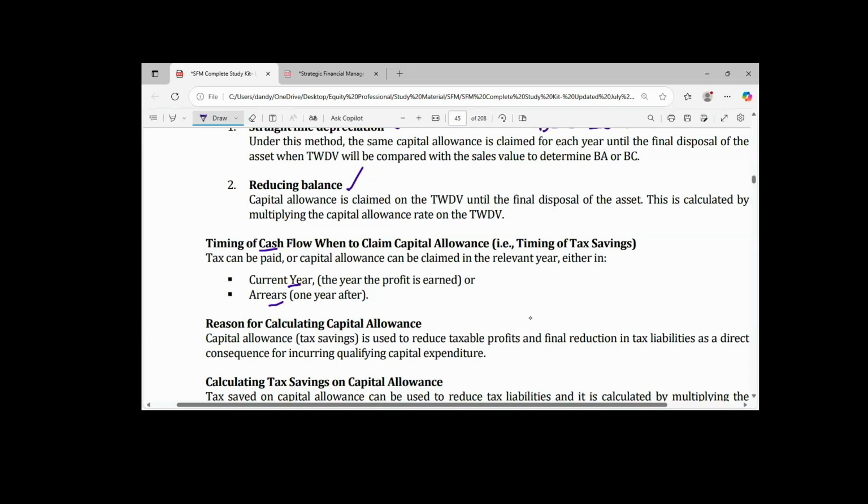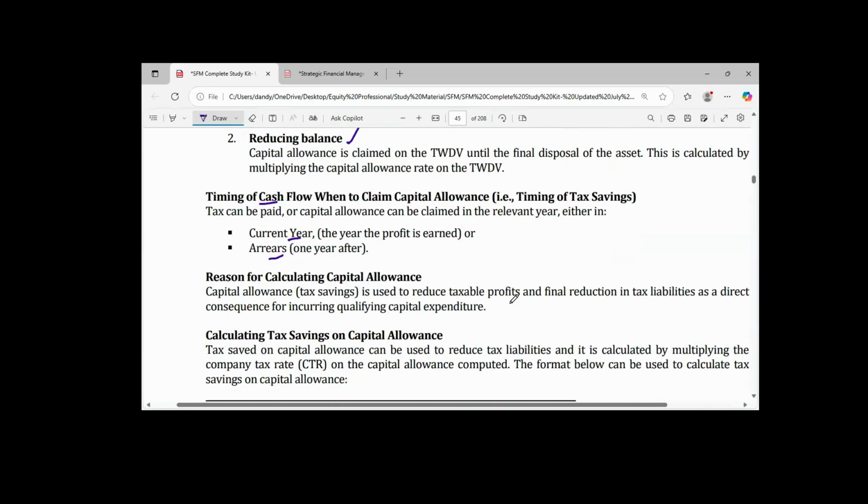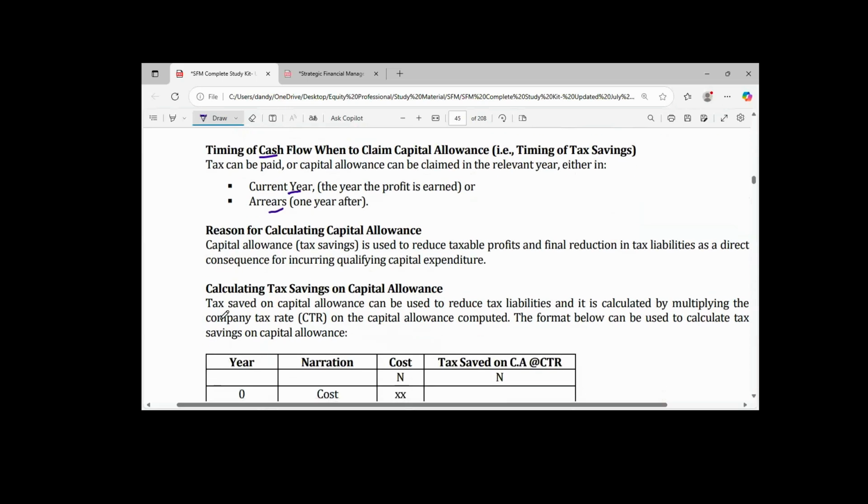If the tax liability is in arrears, then capital allowance must also be in arrears. So these are the things you need to take into consideration. When you see a live question, I will be demonstrating that as we proceed. Now, I mentioned to you the other time, the reason for claiming capital allowance generally is to reduce taxable profit for the purpose of final reduction of the tax liability as a direct consequence of incurring qualifying capital expenditure.